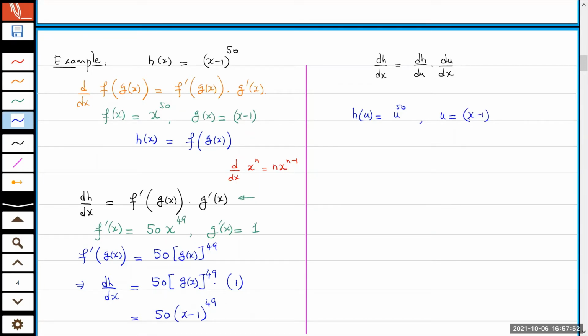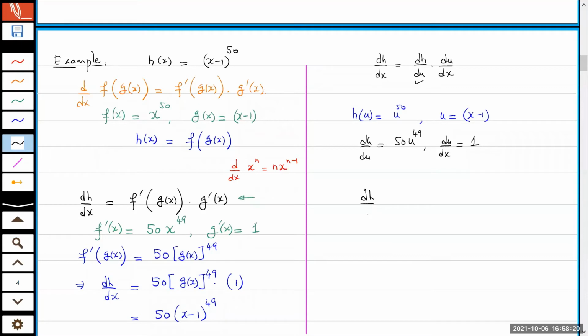Now, when I put it in the Leibniz form, I need the derivative of h with respect to u. So dh du would be equal to 50 u to the 50 minus 1, which is 49. Remember, it's the derivative of h with respect to u. And then the derivative of u with respect to x is equal to 1 again.